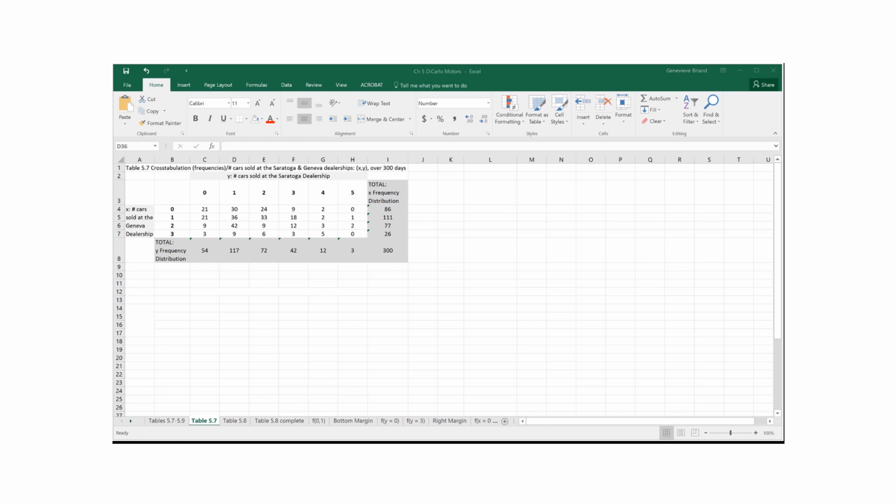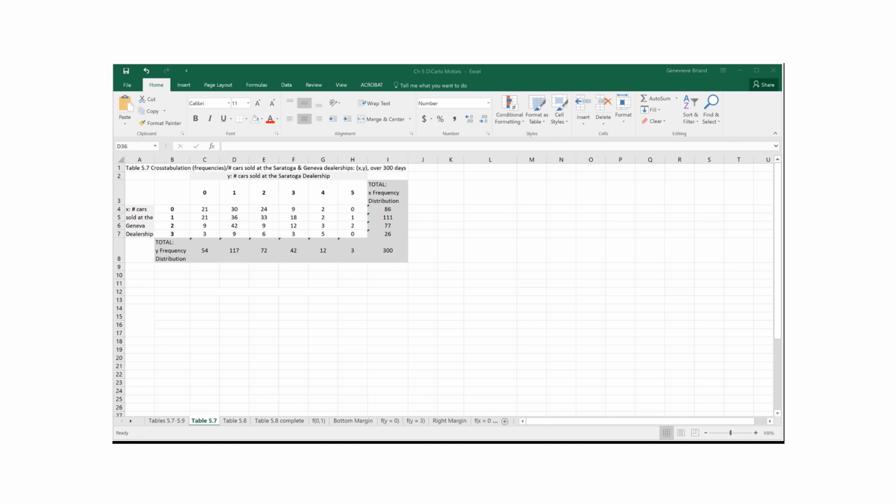For example, the entry 33 in cell E5 indicates that for 33 days out of 300 total, the Geneva dealership sold one car, and the Saratoga dealership sold two cars.